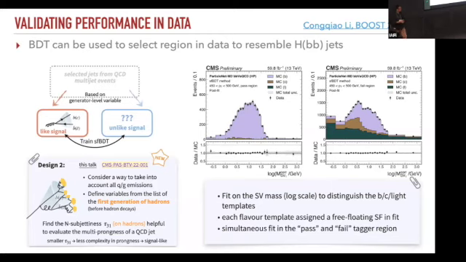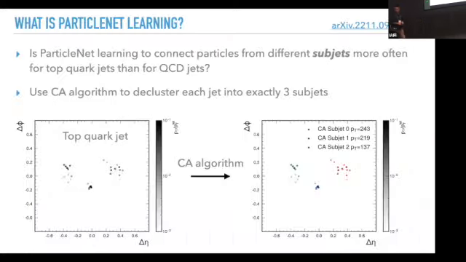There's a lot of work that goes into validating this, and this is just one slide. There's a nice talk that summarizes the methods that go into testing and validating that all the features we're using are modeled well, and that the actual discriminant we're using is modeled well. I won't go into this, but there's a lot that needs to be done to use this on real data.